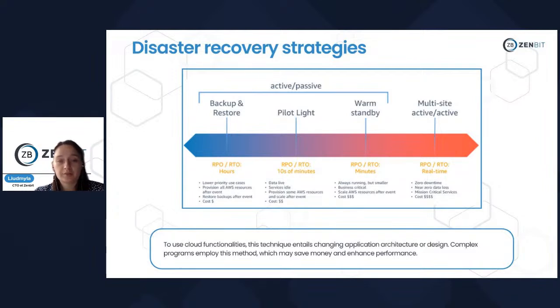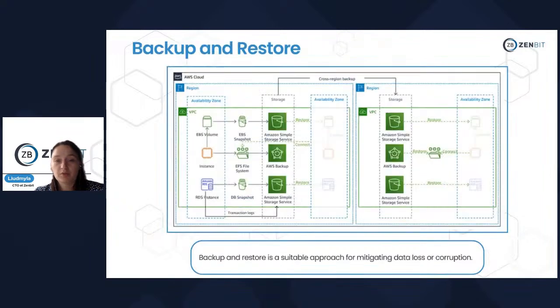Okay, so let's go one by one through them. Let's first check backup and restore. Backup and restore is a suitable approach for mitigation against data loss or corruption. This approach can be used to mitigate against a regional disaster by replicating data to another AWS region, or to mitigate lack of redundancy for workloads deployed to a single availability zone.